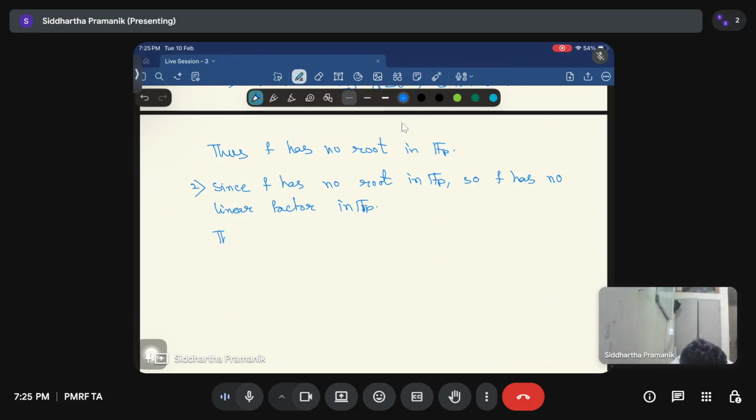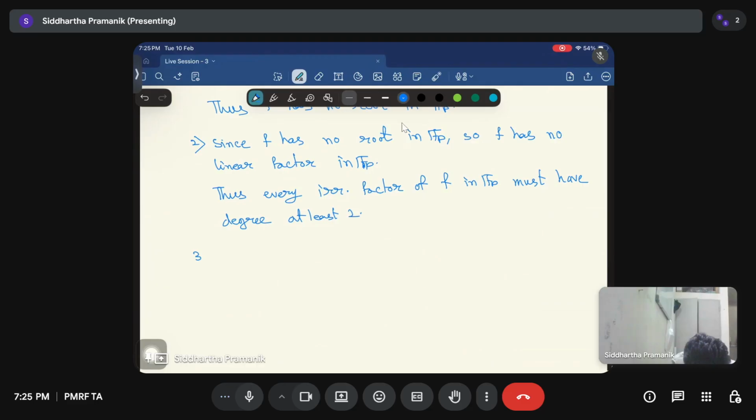Thus every irreducible factor of f in Fp must have degree at least 2, because it cannot be a linear factor. So its degree has to be at least 2.